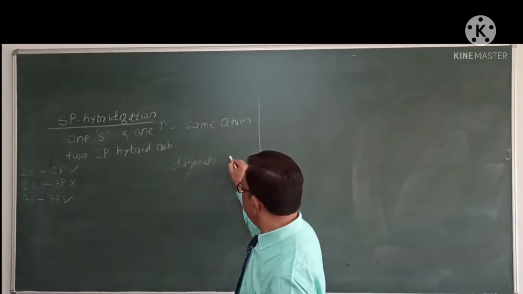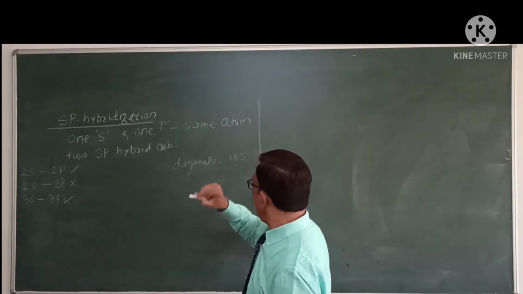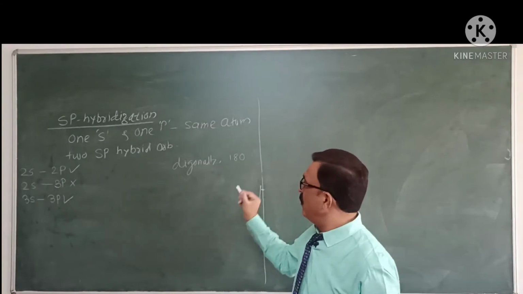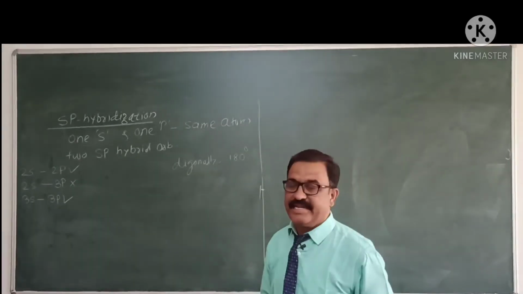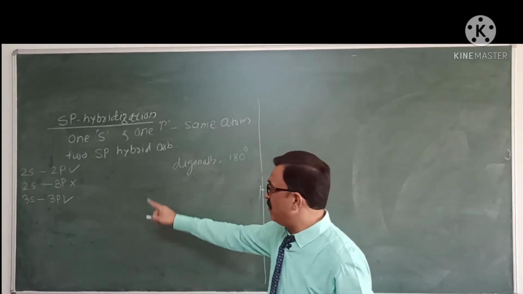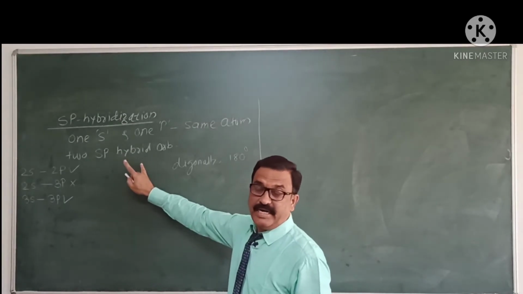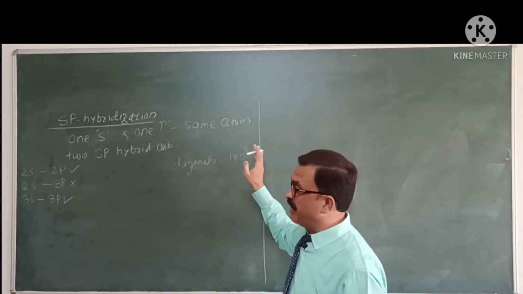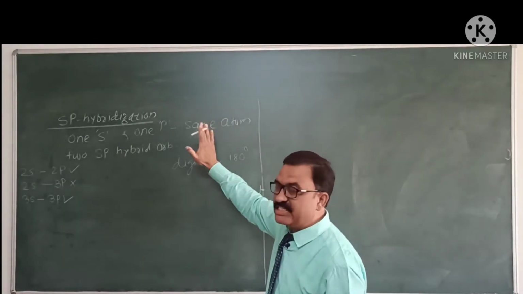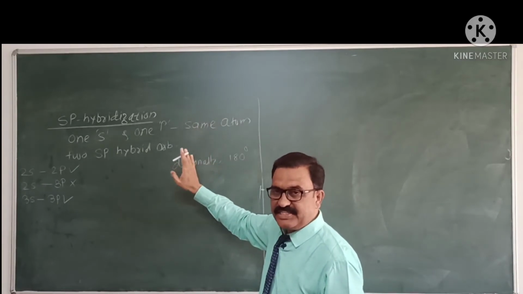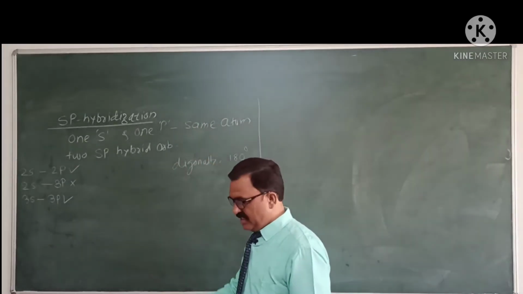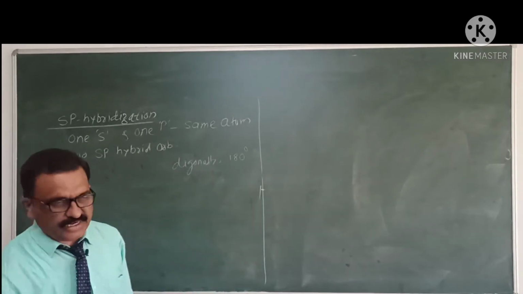The angle between these two hybrid orbitals is 180 degrees. They have equivalent energy but different orientation. Such kind of hybridization is known as sp hybridization.